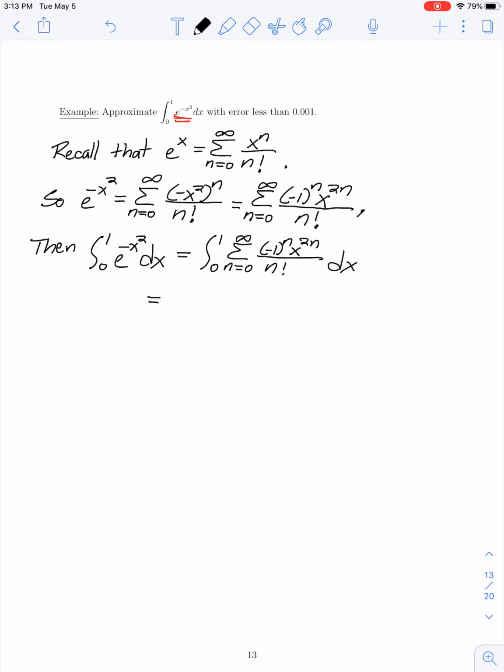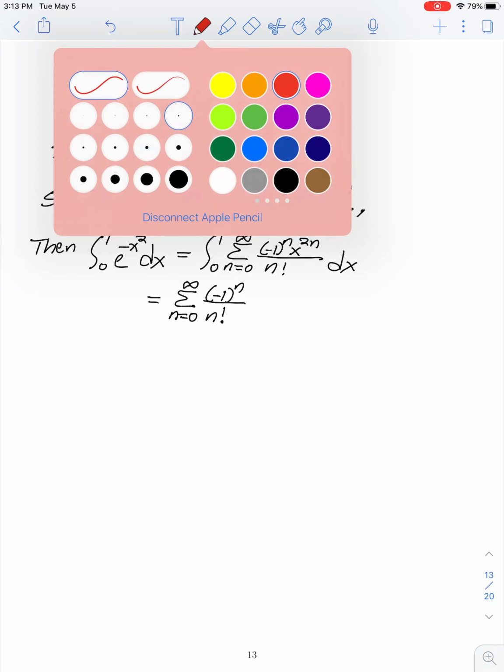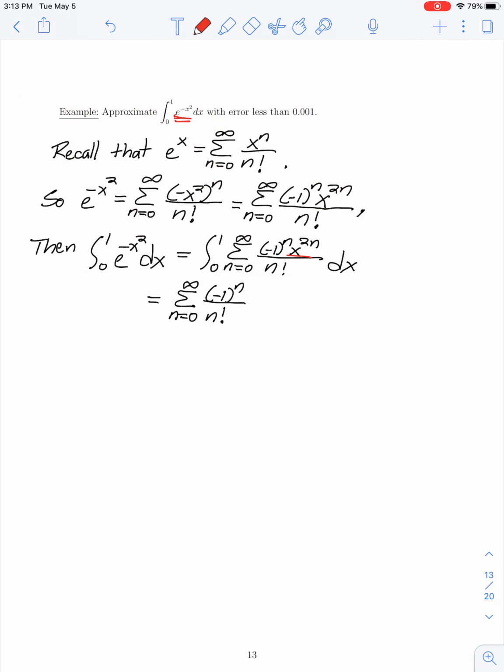So integrating term by term, we would have the sum from 0 to infinity of negative 1 to the nth over n factorial, and the antiderivative of this x to the 2n term gives us x to the 2n plus 1 divided by 2n plus 1. And we are evaluating from 0 to 1.